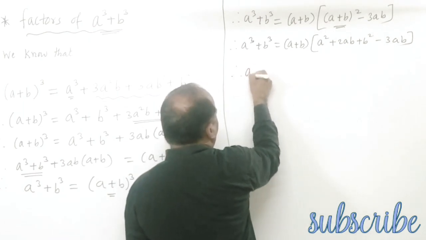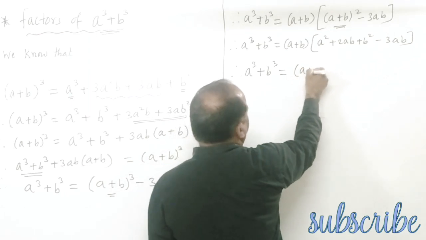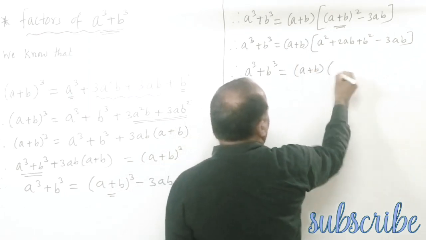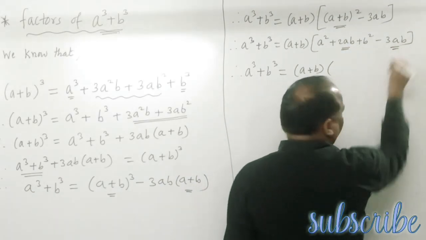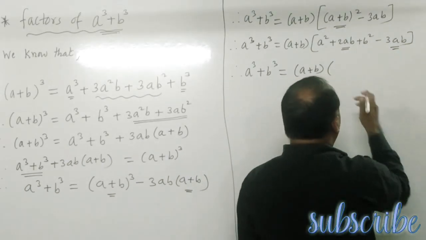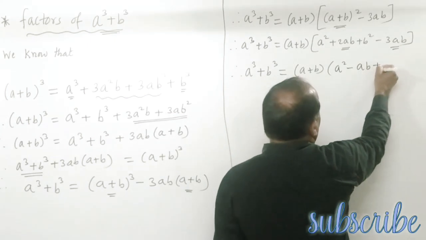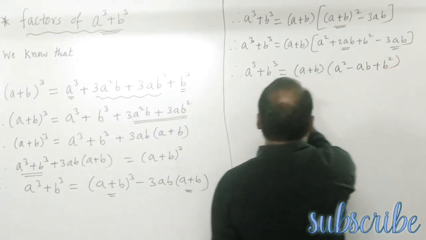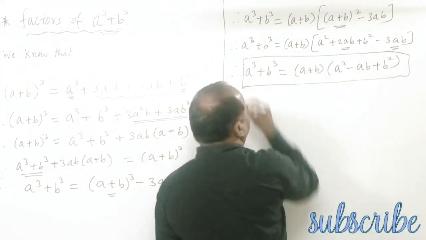Therefore in the second bracket, plus 2ab minus 3ab, that is minus 1ab. So a square minus ab plus b square. These are the factors of a cube plus b cube.